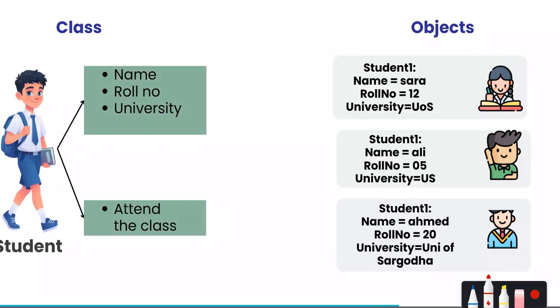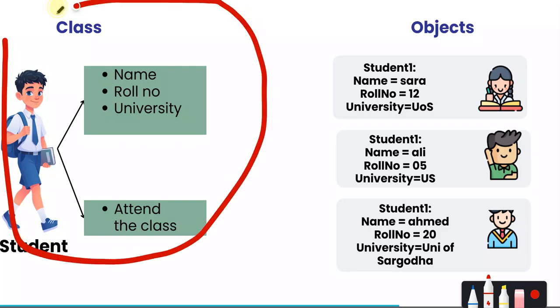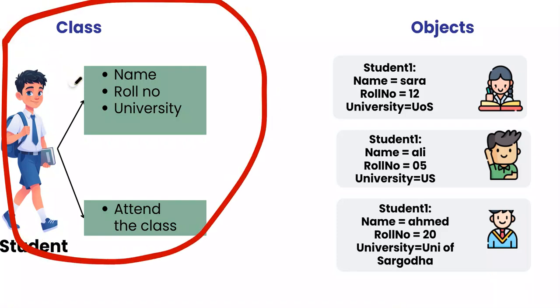So now let's see a bit further. If we allow the student to enter or change the university, they can write the university name according to their knowledge or their will.